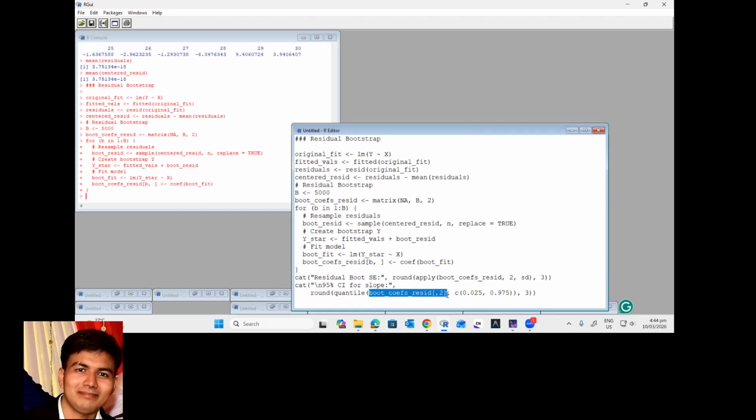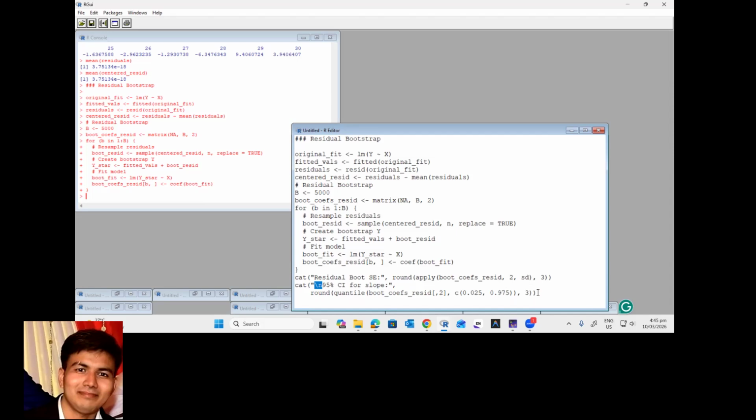It will extract all the bootstrap slope estimates, and the quantile of this entire command with c(0.025, 0.975) will give us the 2.5th and 97.5th percentile of these estimates, forming a percentile bootstrap confidence interval for the slope. The interval is rounded to 3 decimals and printed, and the backslash n adds a new line before the output for cleaner formatting.